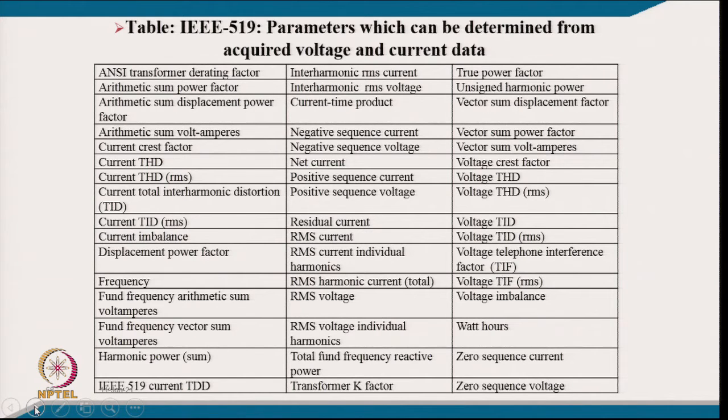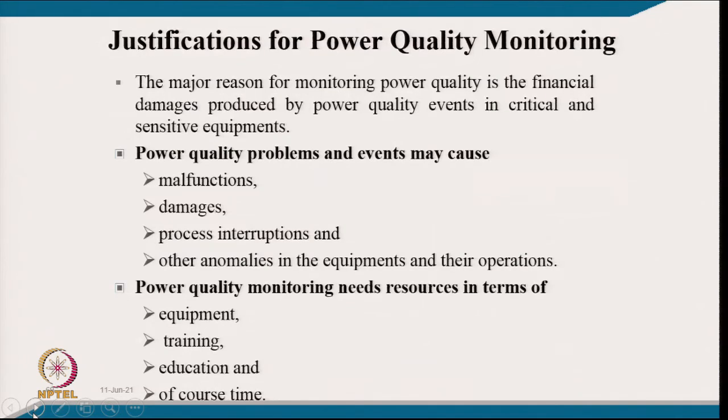All these parameters we look into from the acquired voltage and current signal which we record. We can either get these data from the instruments, or estimate them from other recorded data.